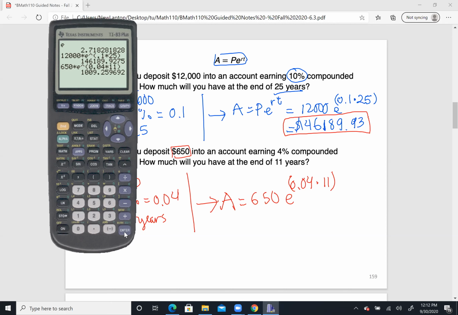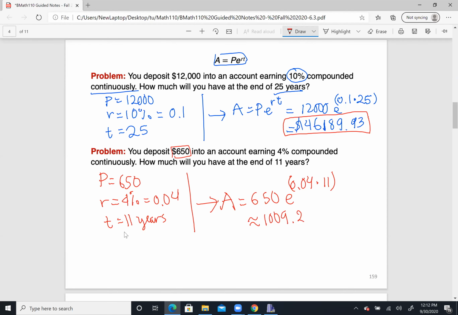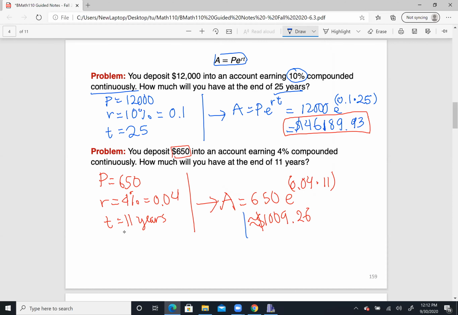So now I have 1009.26. That's going to be the answer. Okay, so let's move to the next.